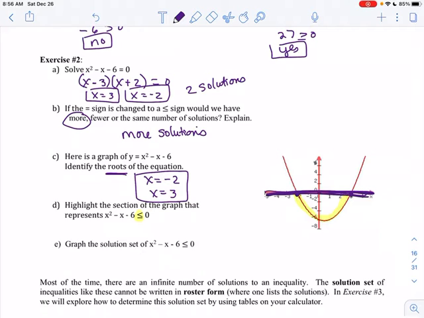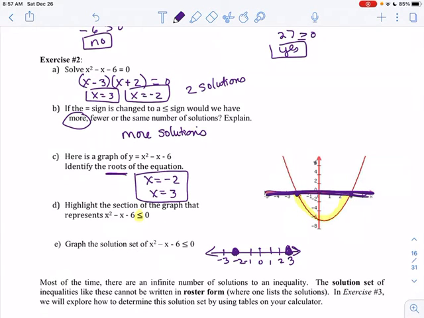All right, and then they just want me to graph the solution, so I'm going to do that on a number line right here. So remember, my actual solutions were negative 2 and positive 3, so I want to make sure I include negative 2, and I also want to make sure that I include positive 3. And there is an equal sign, so I'm going to have closed circles.